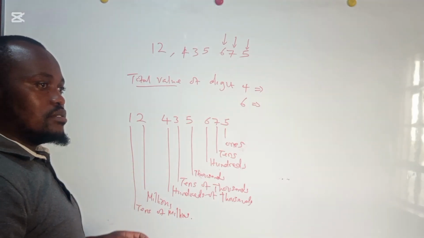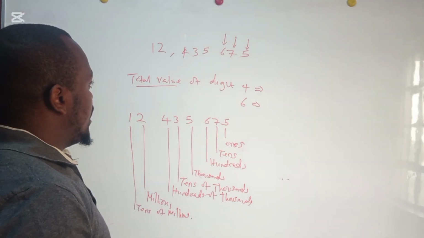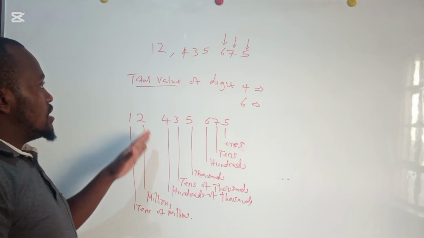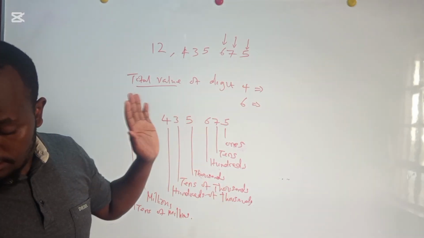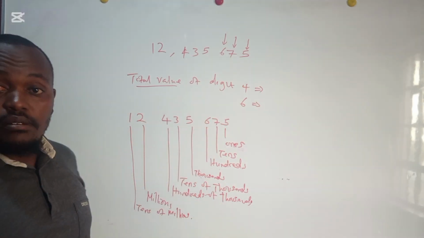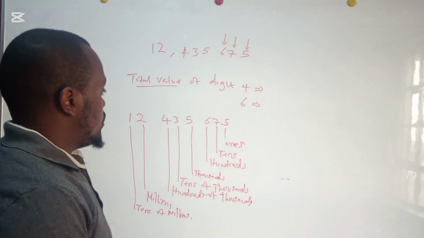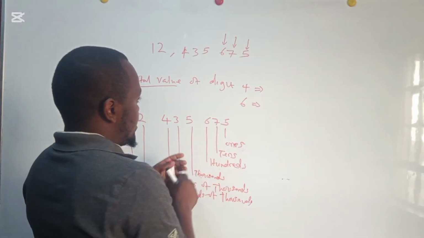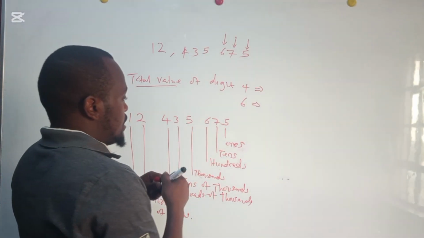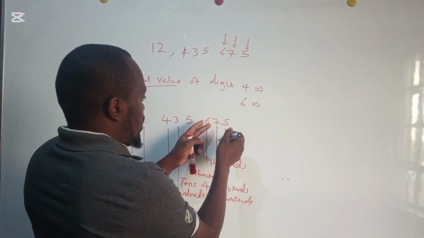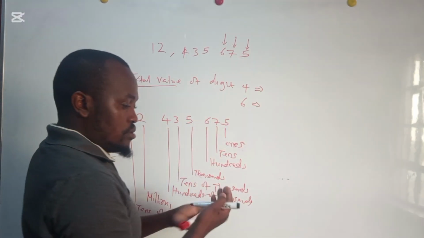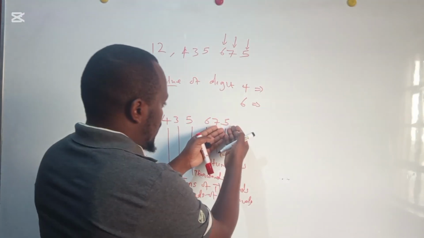So these are the place values. However, the place value does not necessarily mean it is the total value. It's actually not the same. However, it can help, it can guide you. When you are saying this is tens, it means that here we have 5, like if you are counting shillings, we have 5 shillings.